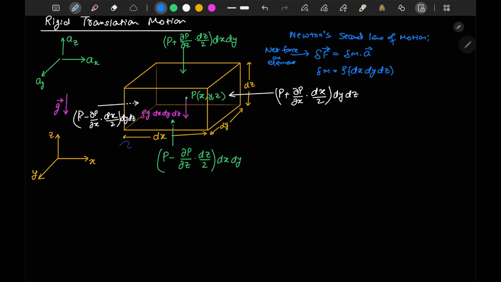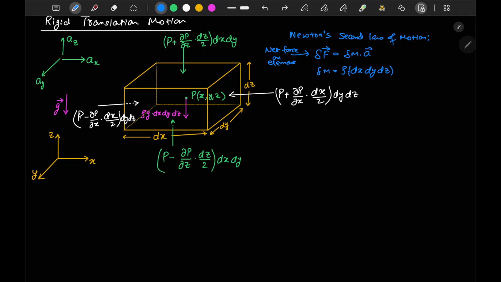But the diagram will become very congested, so I won't be writing it here. In the forward direction of y, it will be p plus del p by del y times dy by 2, and the area is dx times dz.